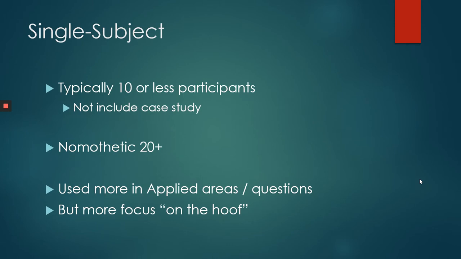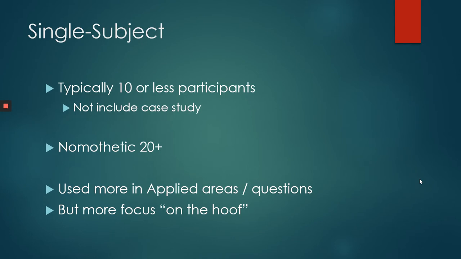With single subject designs, there are typically 10 or fewer participants, but this does not include the case study. The textbook is pretty adamant that single subject design does not mean a case study. That's mainly qualitative and a thick and rich description of some one thing, whether it's a person or a group or a classroom or an organization.